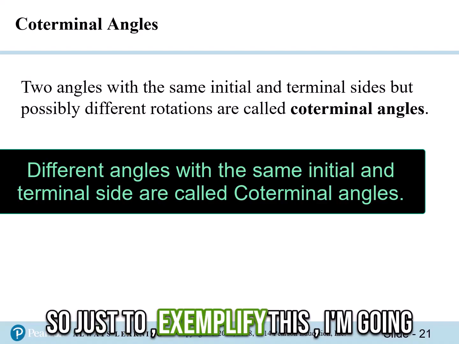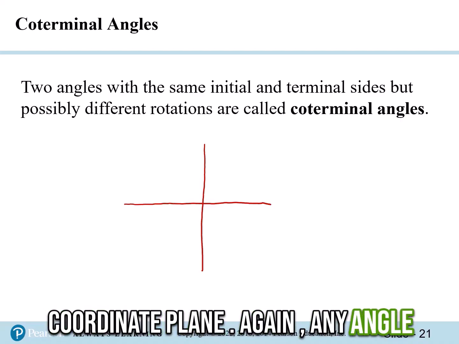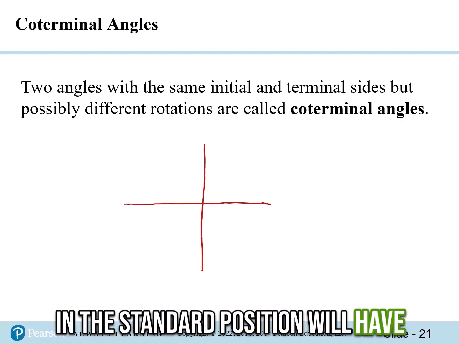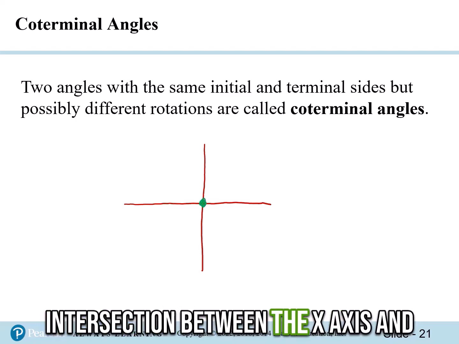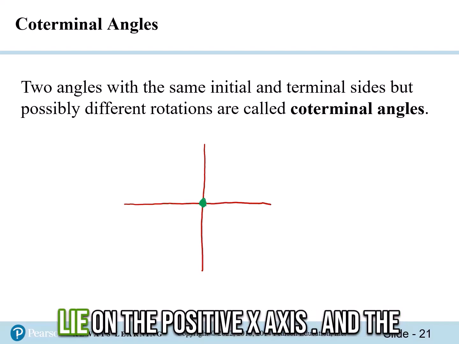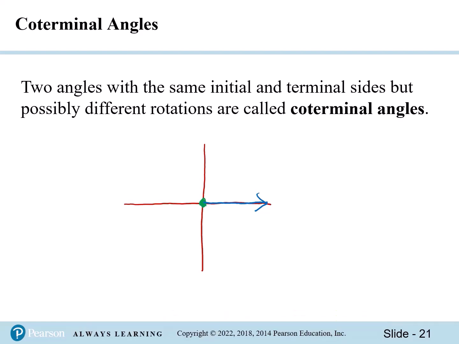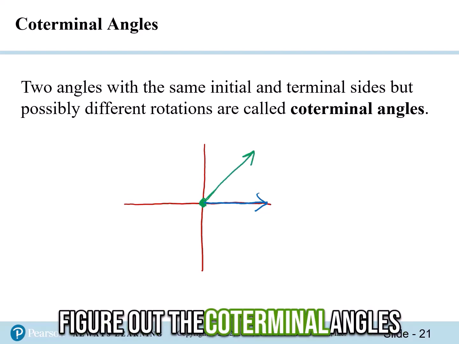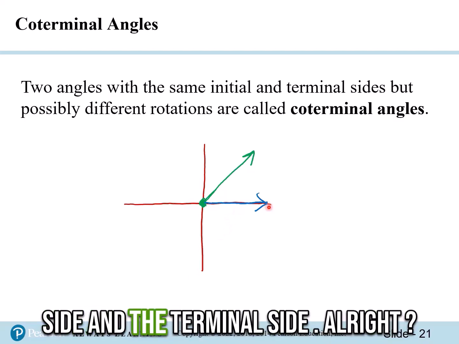So just to exemplify this, I'm going to draw an angle here on the xy coordinate plane. Again, any angle in the standard position will have its vertex located at the intersection between the x-axis and the y-axis, and the initial side will lie on the positive x-axis, and the terminal side, let's draw it somewhere here, and let's try to figure out the coterminal angles based on this position of the initial side and the terminal side.